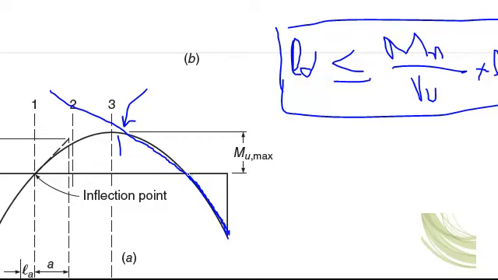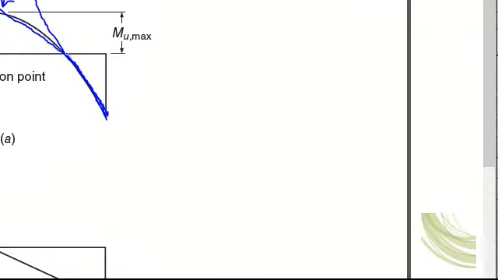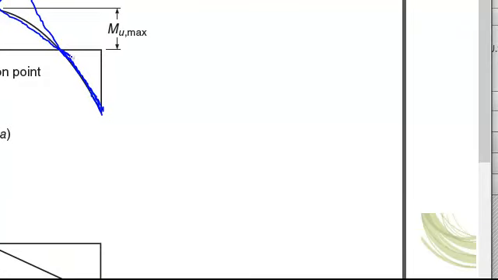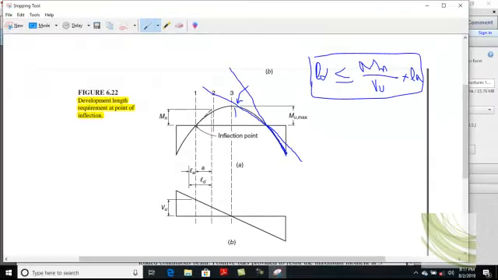In negative moment you don't need to, because if you draw a tangent to this curve, it comes inside, so that is not true. It must come out to be outside.